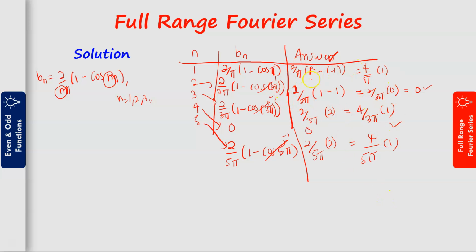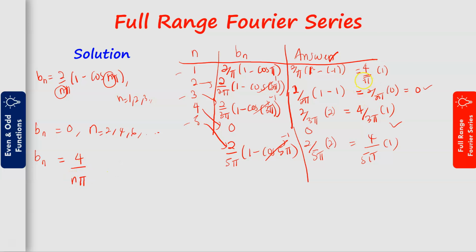But for odd numbers, when n equals 1, 3, 5, and so on, you'll get 4 over n pi times 1. So in this case, our Bn will be equal to 0 if n equals 2, 4, 6, and so on. And Bn will be equal to 4 over n pi.